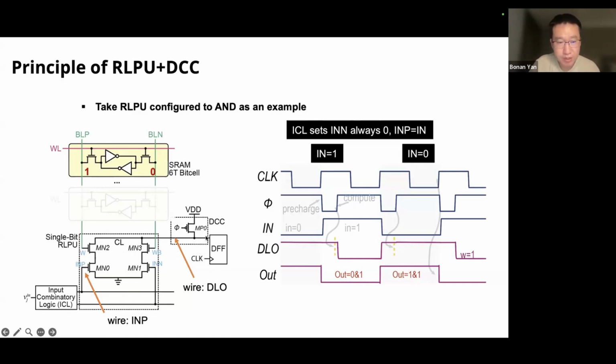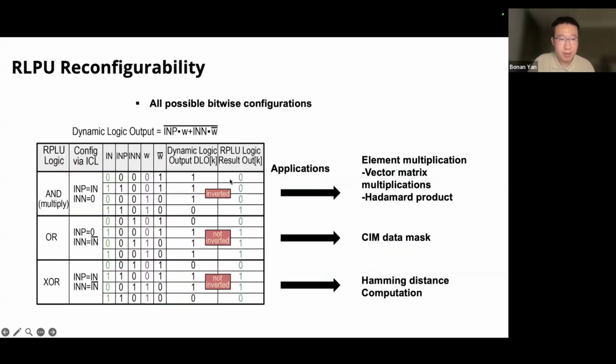And one trick here is why we design four transistors to do this: because we want reconfigurability for the bitwise operation. If we use different combinations of the inputs, connecting the two gates of the RLPU circuits, we can get different logic operations. Because of the time limit, I will not show them one by one.